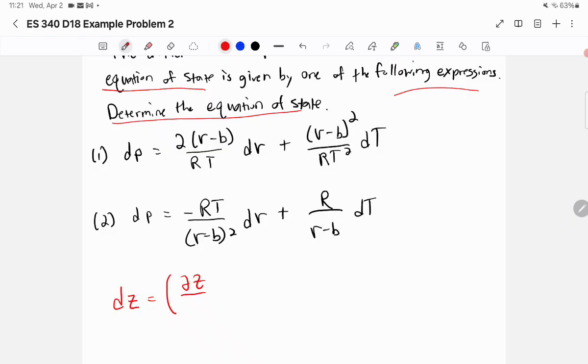But exact differentials can be written as follows, and we'll get this in the proper form using dP and such in a moment. But this is what an exact differential looks like.